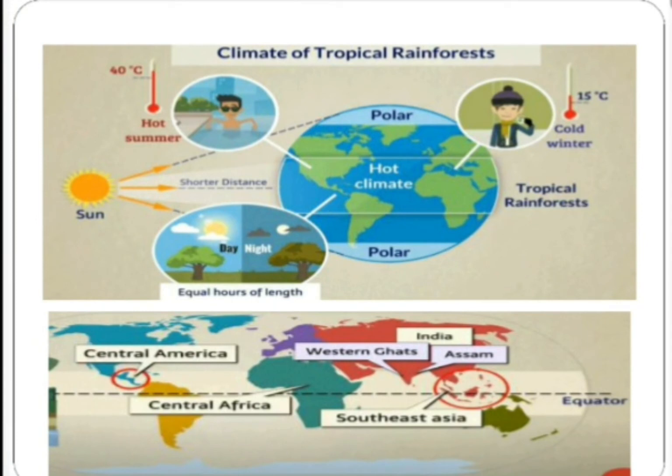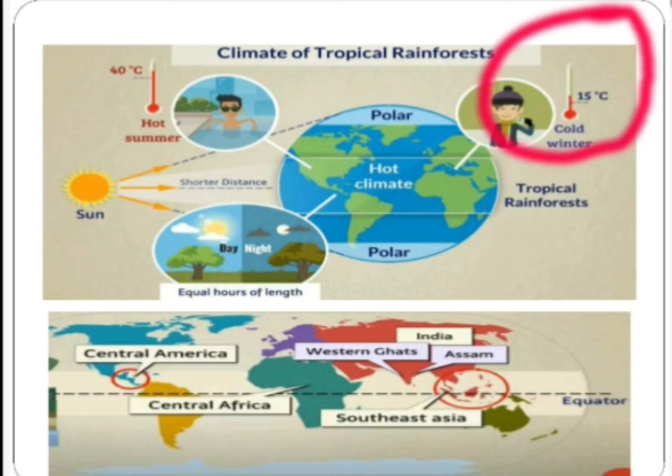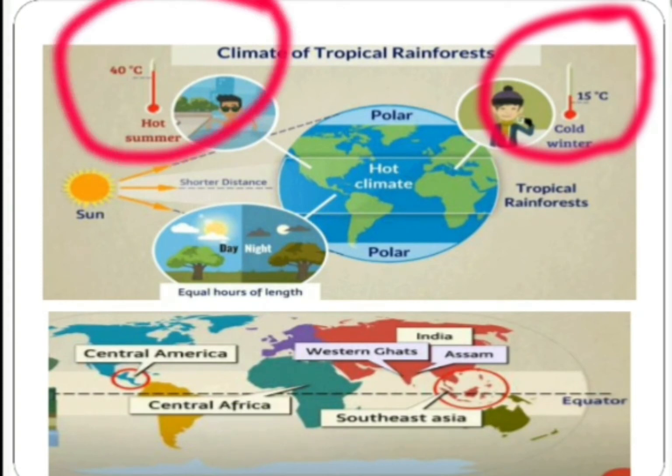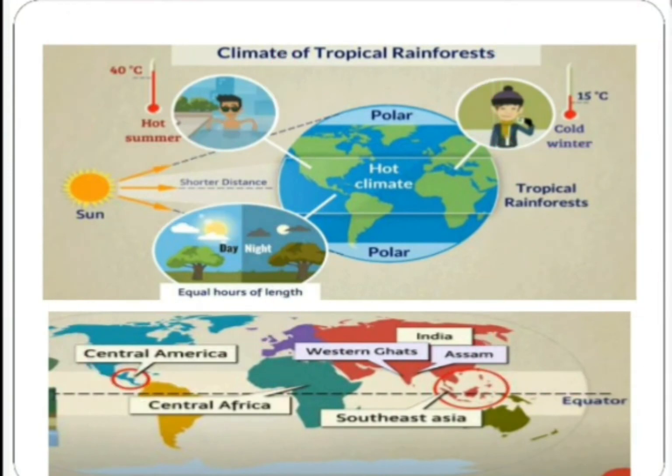Now the climate of tropical rainforest. Even in the coldest month, the temperature is generally higher than about 15 degrees Celsius, and during hot summer the temperature may cross 40 degrees Celsius.